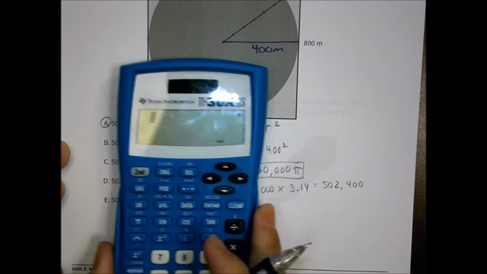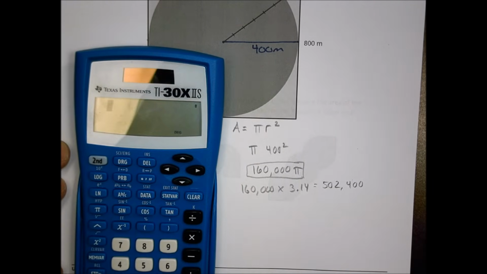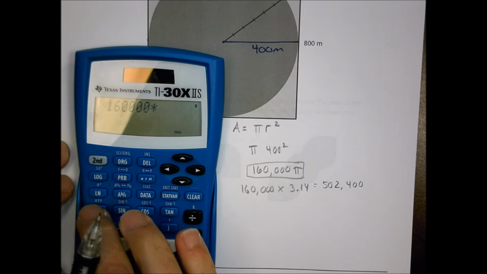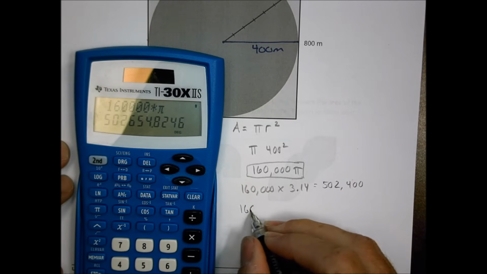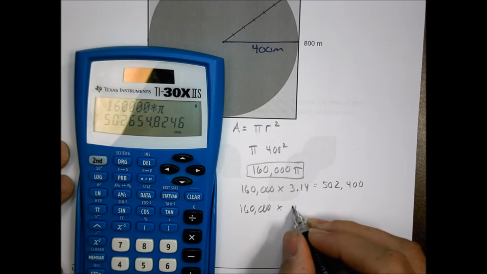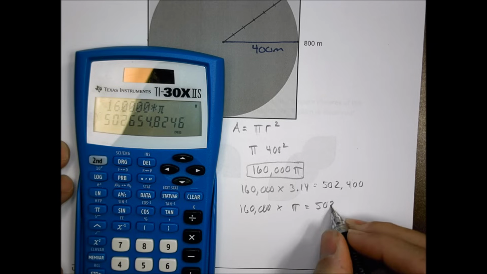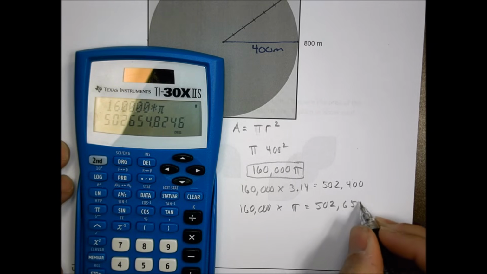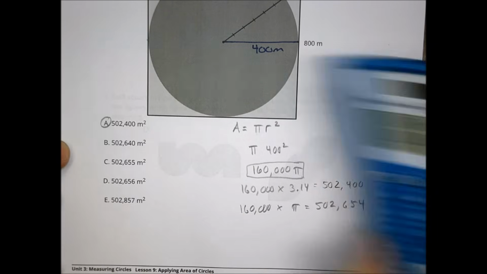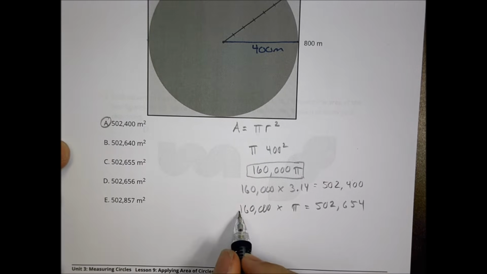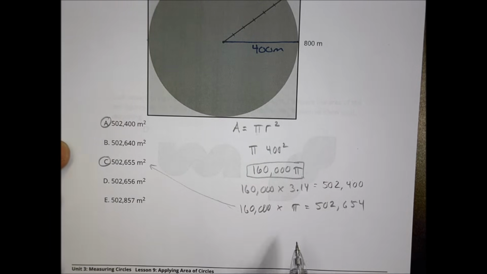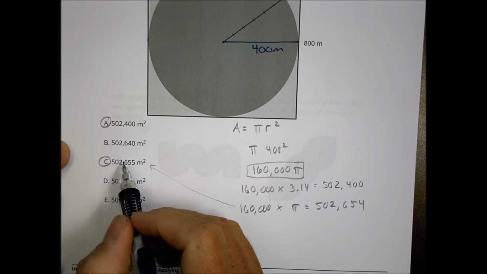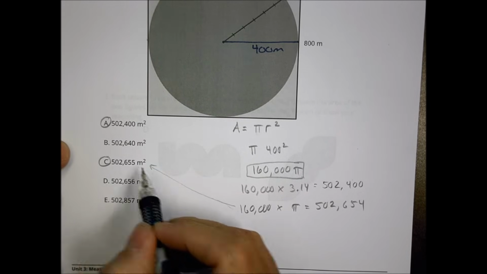If I do 160,000 times, and I press my pi button, I end up with 502,654. And when we look over here, that's pretty much choice C. So I end up somewhere between 502,400 and 502,655.